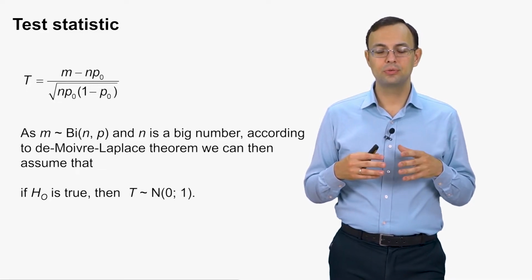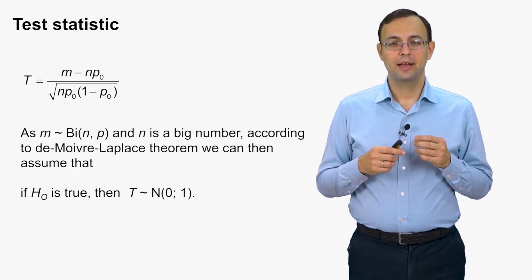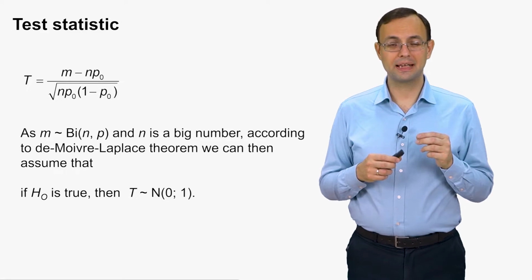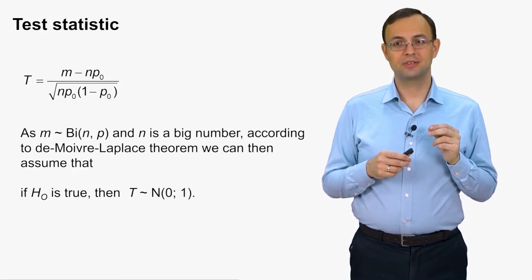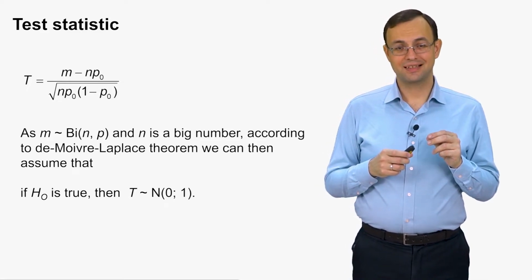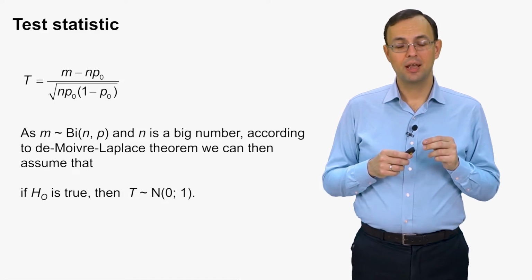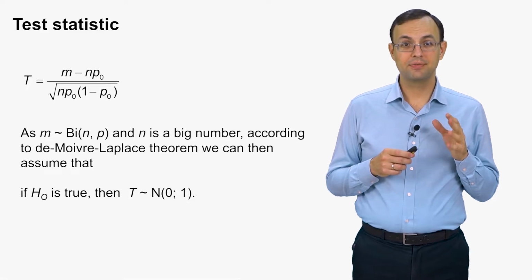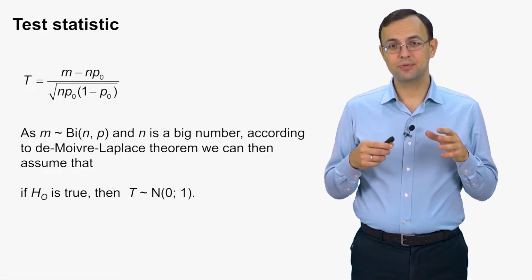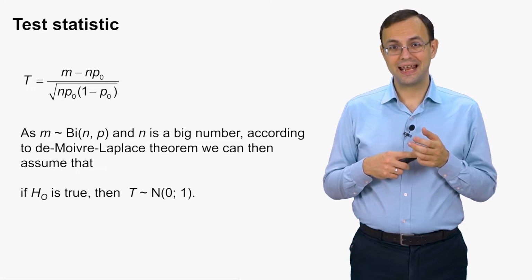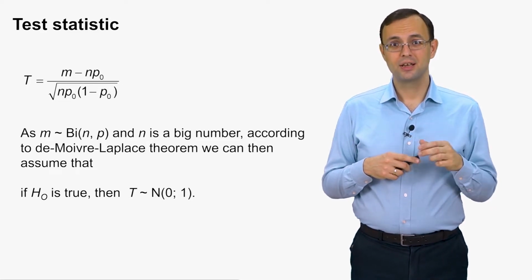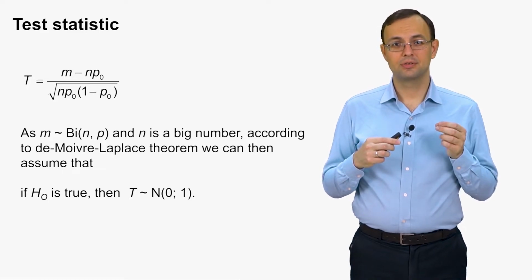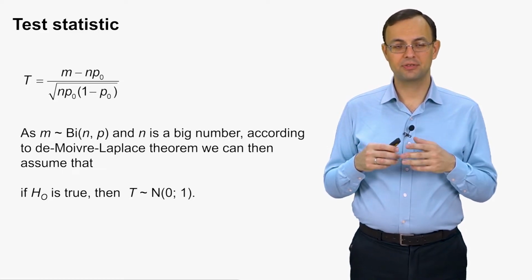And so we do this here, and we say that if we standardize this random variable m, so if we subtract its expected value, that is np, and divide it by the square root of its variance, and variance is n times p times 1 minus p, we will get a standard normal distribution, so normal with parameters 0 and 1.